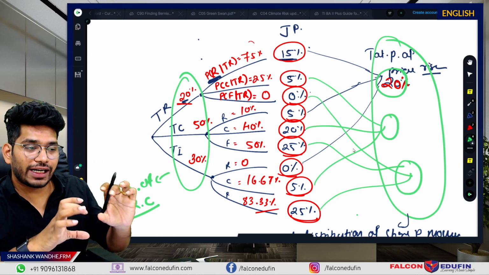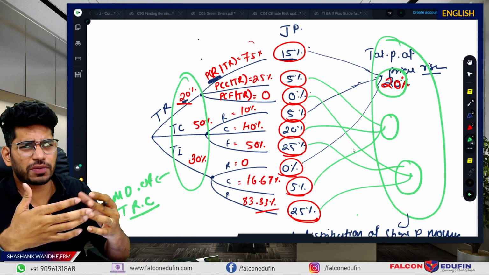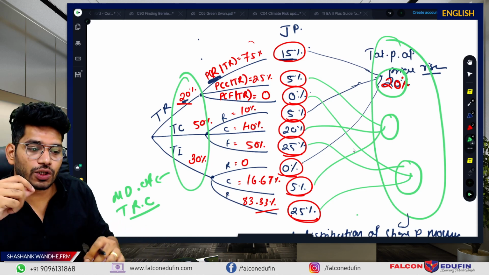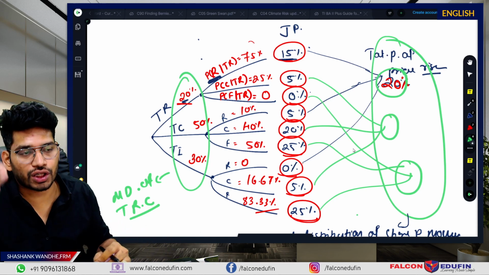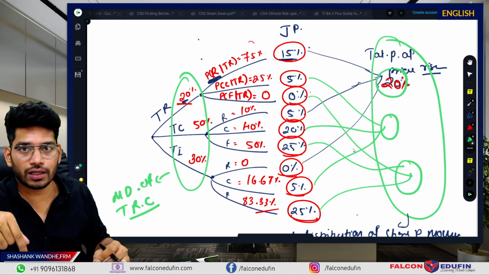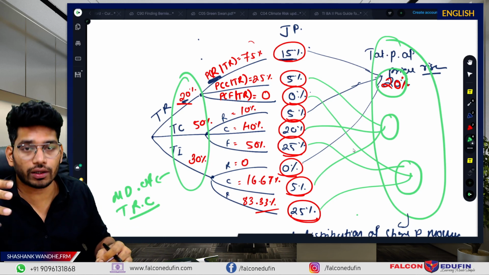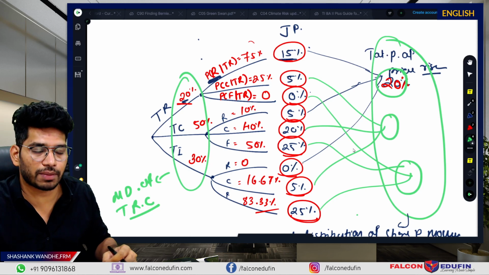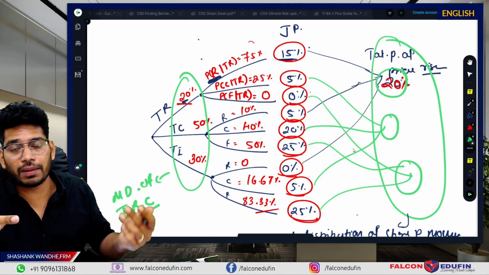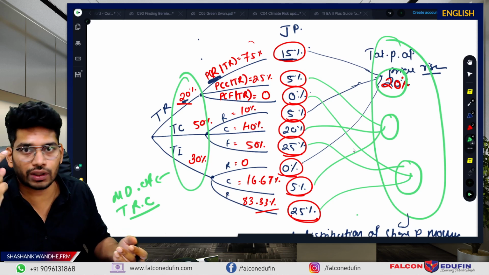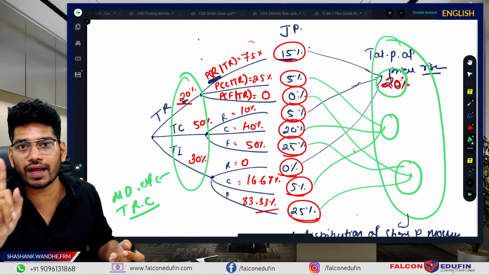I hope you got the idea of what is marginal distribution. So marginal distribution is nothing but you will use the total probabilities. Remember, marginal is the total probability or unconditional probability. So marginal distribution is called total probability distribution, or in standard words, you will use the marginal distribution. But maybe GAP might use the unconditional probability distribution. So you have to remember marginal, total, unconditional, all are one and the same thing.